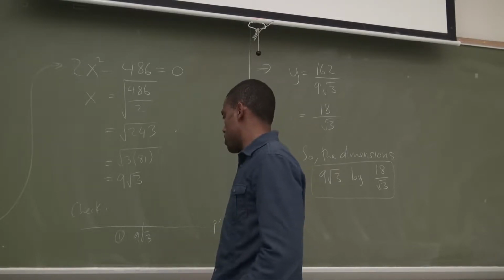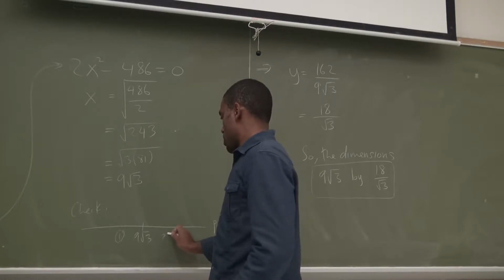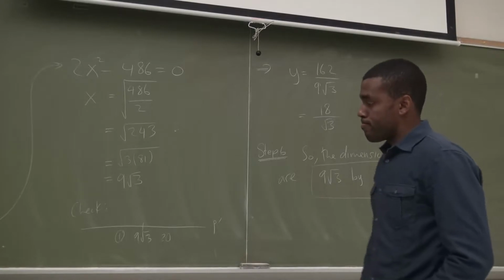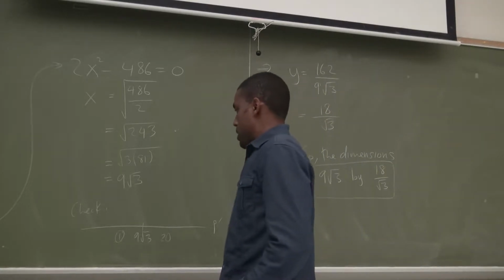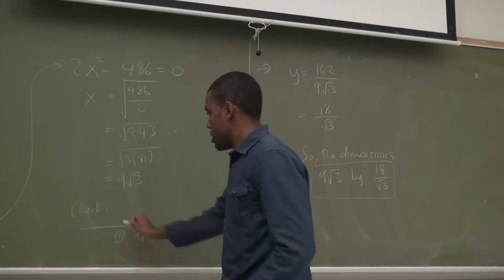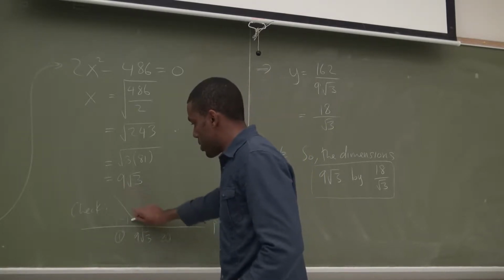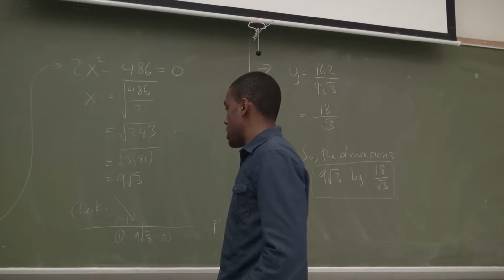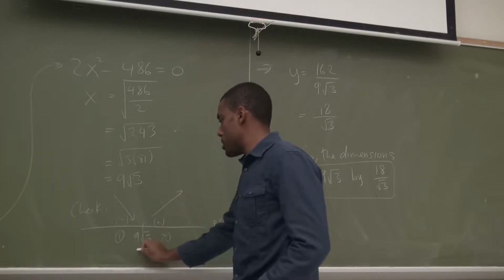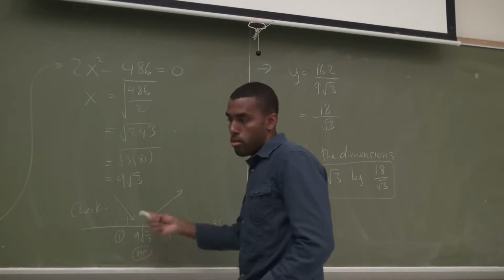We need something bigger. 15.5, 20 or whatever, it doesn't even matter. All right? And if you plug in something like 1 here, what did you get? You realize you get a negative, it's going down. Plug in something over here, you would get a positive, it's going up, and you end up with this being the minimum, which is what we wanted.